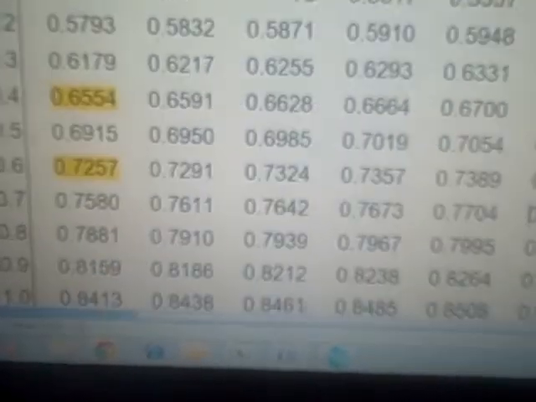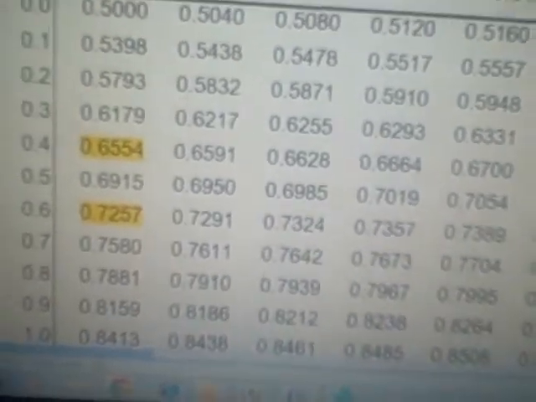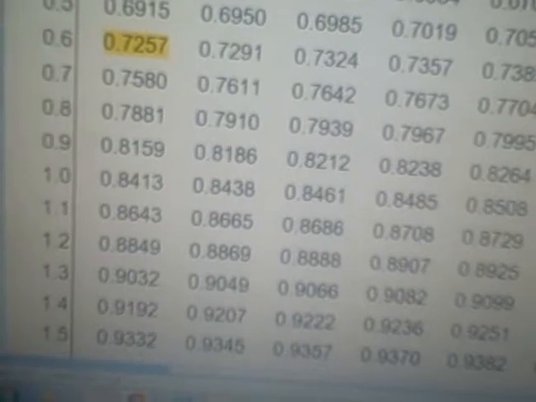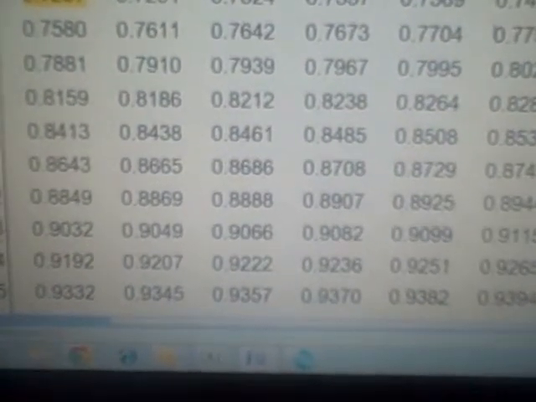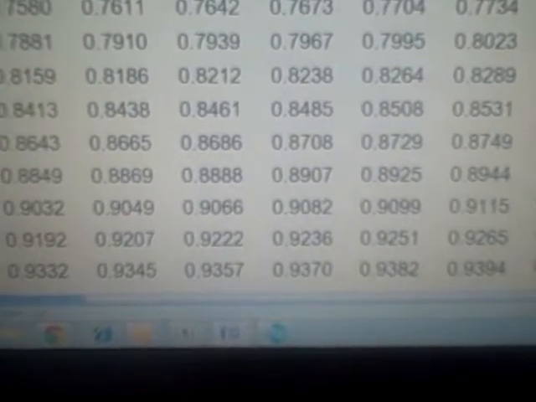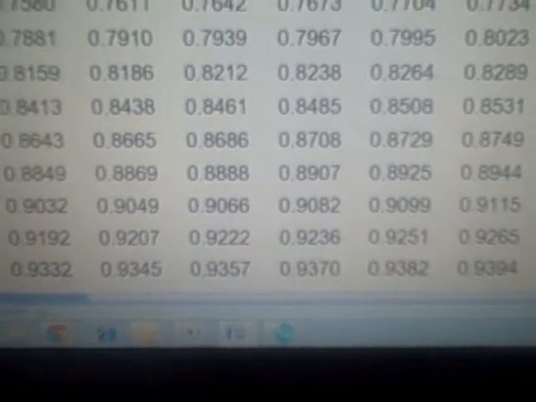So, the way we do that is we look up in our Z table. And here's the standard Z table. And I'm looking for 90%. Well, there's no 90% exactly, but 0.8997 is closest to 90%.